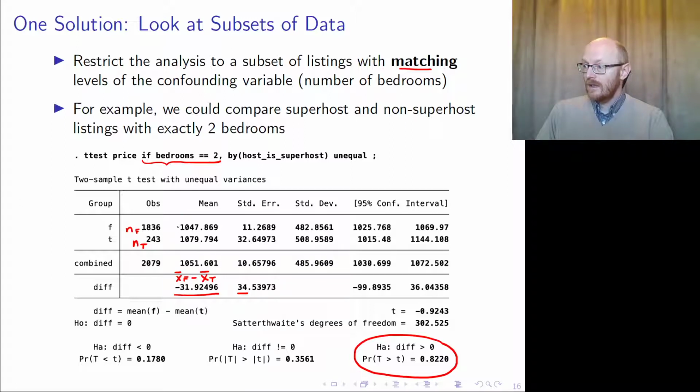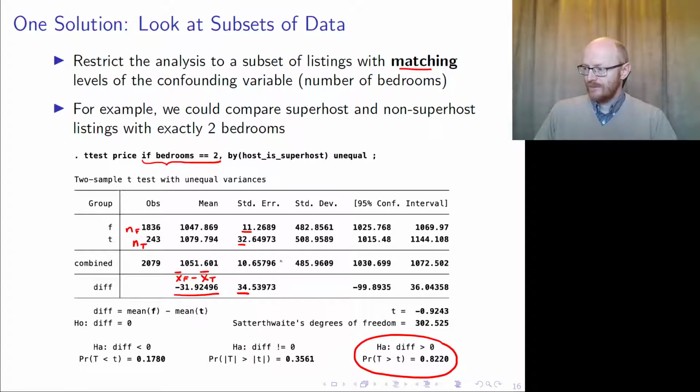Which means that the standard errors here of the means and the difference are a lot higher.